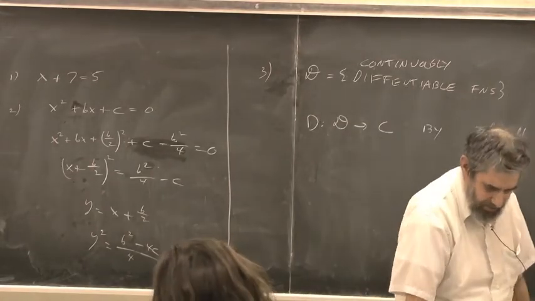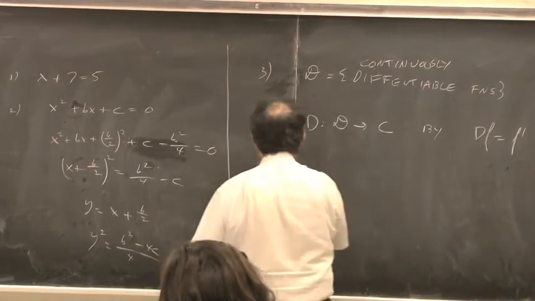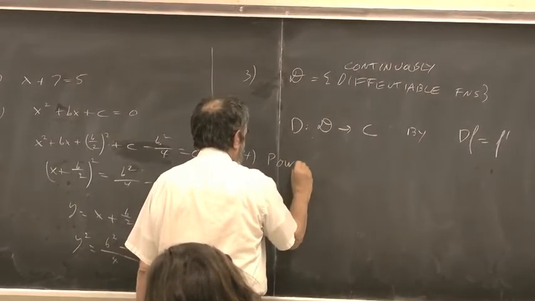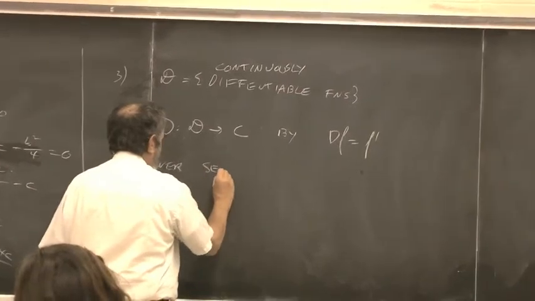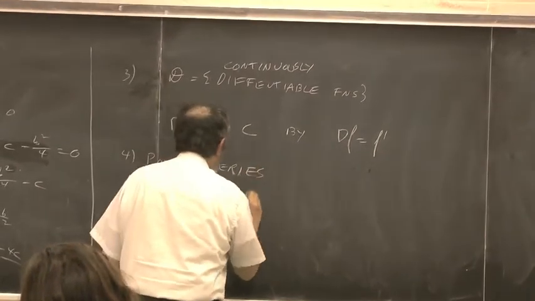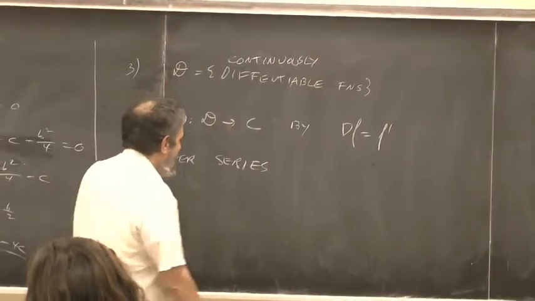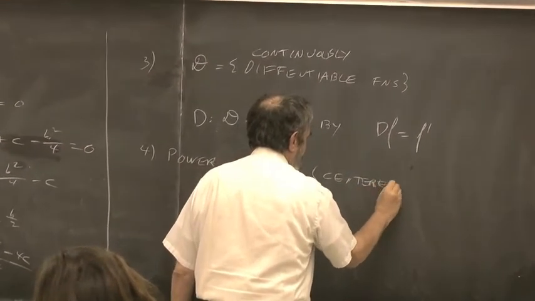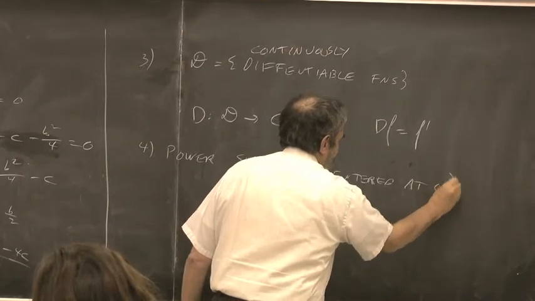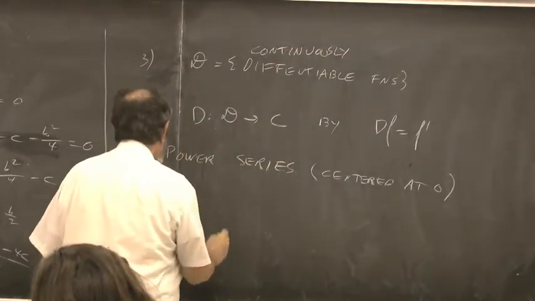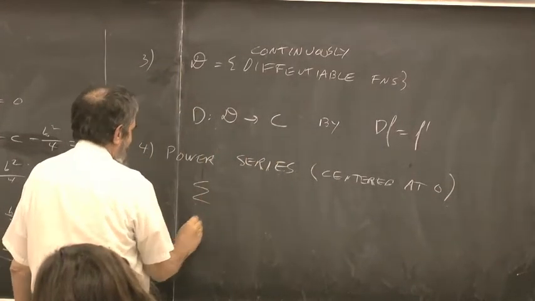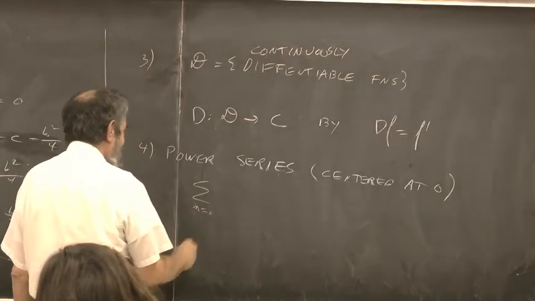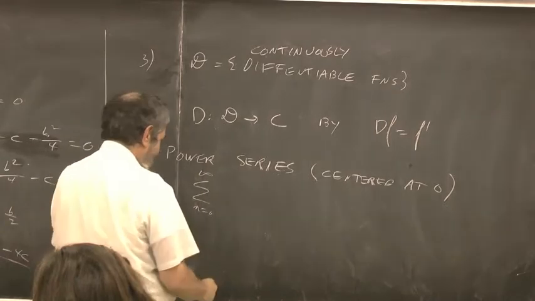Okay, so the next one, I want to talk a little bit about power series, and think of that in the guise of a transform. So we'll just talk about power series, let's say, centered at the origin. So what is a power series? I hate this, but I know that you'll hate it more if I actually do a really formal definition.